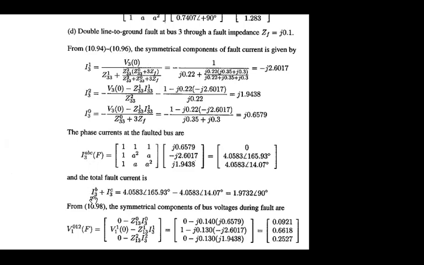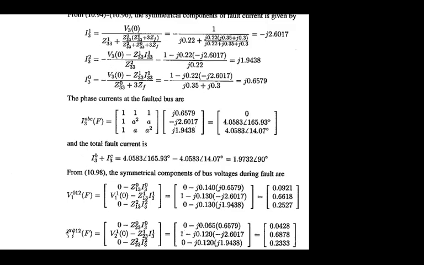But for double line to ground, you have to consider I3B plus I3C, based on the fault bus. This is I3B and this is I3C. When you make that calculation, you will get the total fault current during a double line to ground fault.